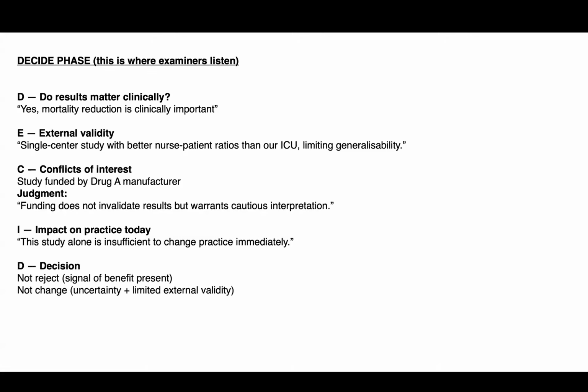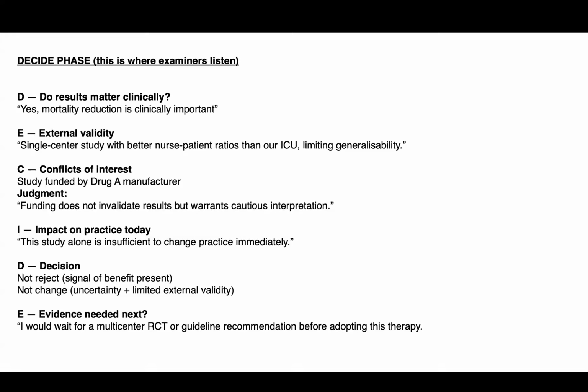Then the decision is based on all that you've looked into: the PICOT, the biases, the data analysis, the study population, and all the data, and then you come to a final conclusion. Then you see whether there is a benefit in using it in your subset of patients, or whether you are going to use it, discard the study, or wait for any guidelines and come to a decision. So that is the point where evidence is needed next.